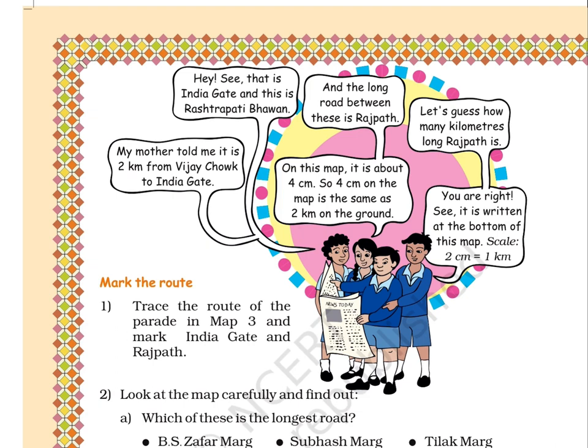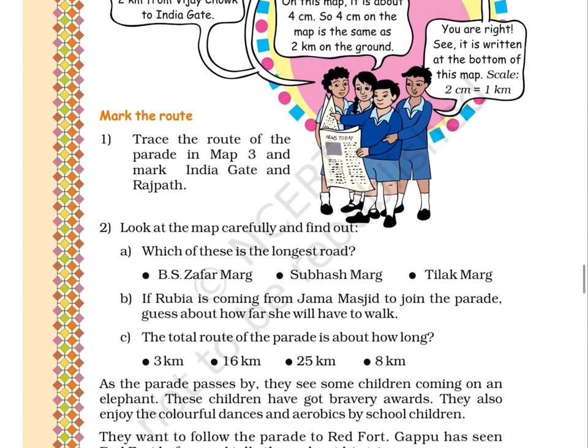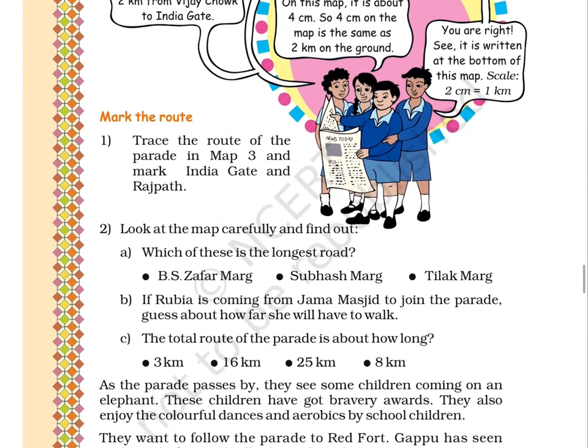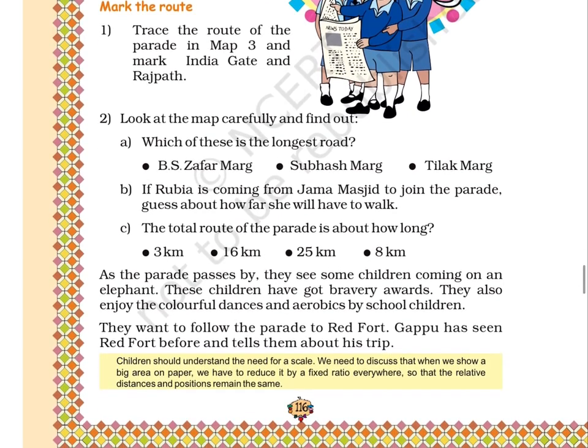Questions. Mark the route. 1. Trace the route of the parade in map 3 and mark India Gate and Rajpath. 2. Look at the map carefully and find out A. Which of these is the longest road? B.S. Zafar Marg, Subhash Marg, Tilak Marg.